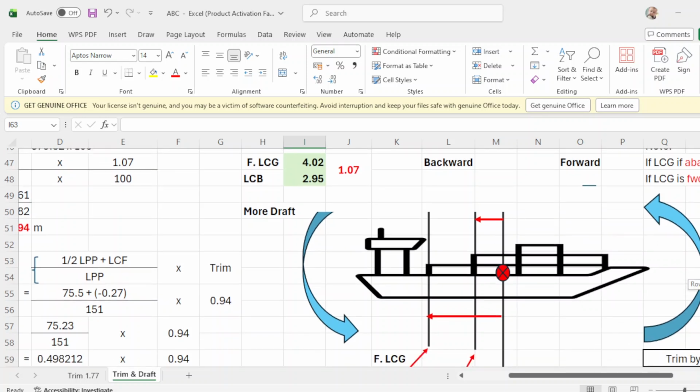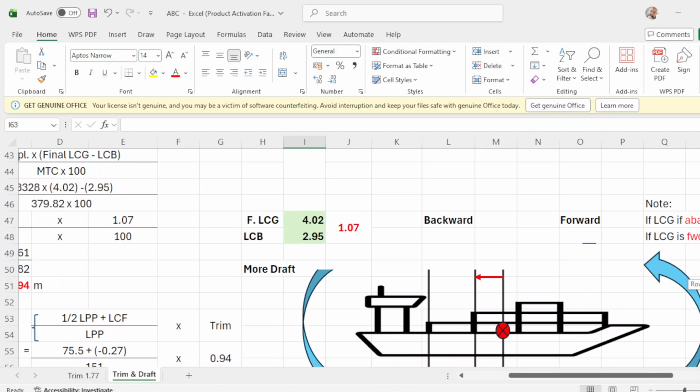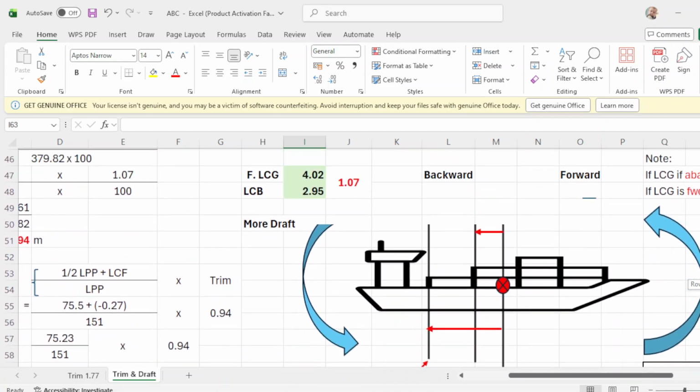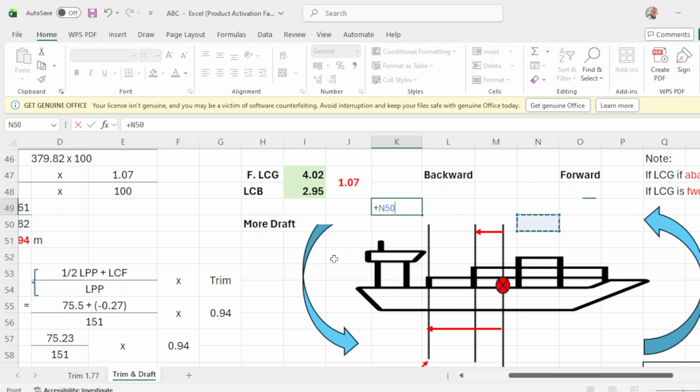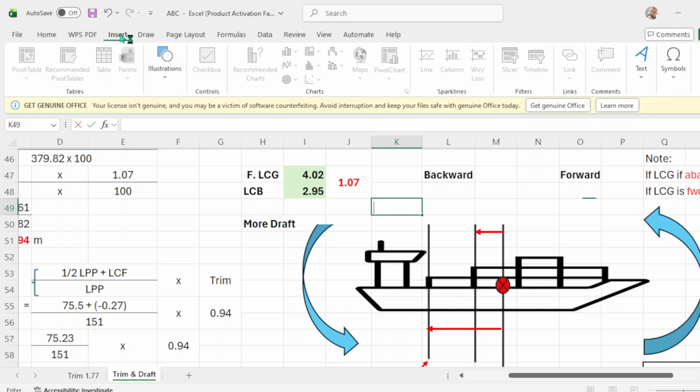So 4.02, this should be what you have plus... should be chart. Chart.